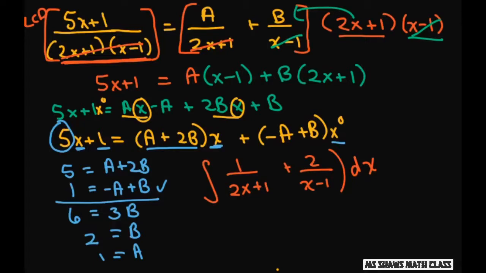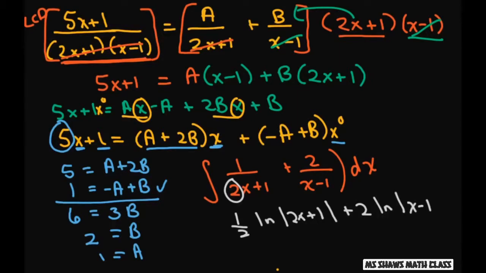And when you take the antiderivative of that, this is just going to be 1/2 for the 2 here, ln of 2x plus 1, plus 2 times ln of x minus 1, plus C. And that will be your final answer.